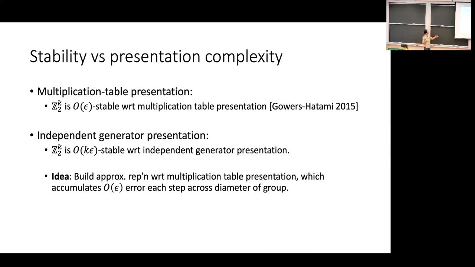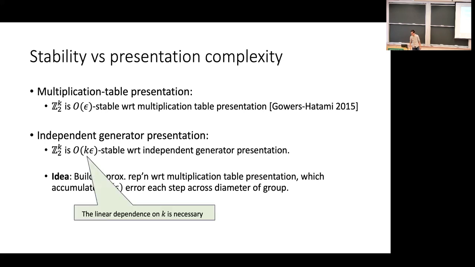And how much does it accumulate? Well, it depends on the diameter of your group. You multiply things k times to get from one point in the group to the other. And that's why you get a linear in k blow up in the stability. Okay. And it turns out that this linear dependence on k is necessary for this presentation. So here you see they generate the same group, but you get different stability properties.